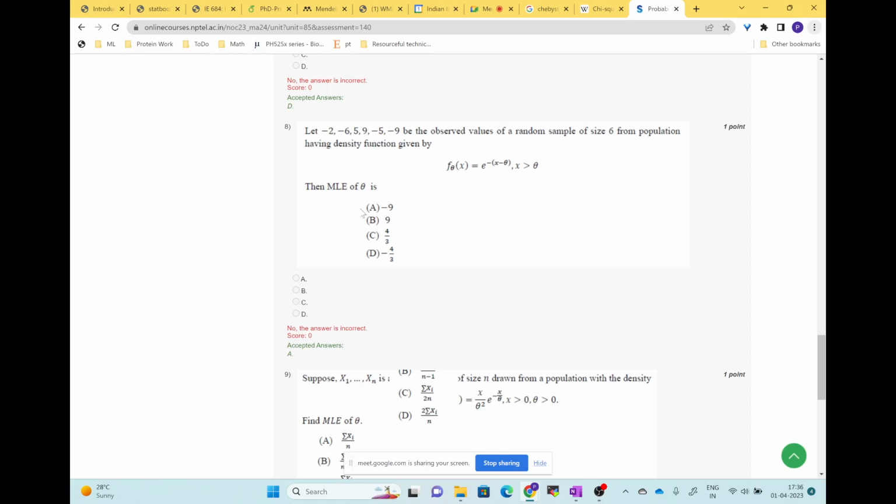I don't understand what he is saying. So here, if you look at the distribution, it is defined as this for x greater than theta.